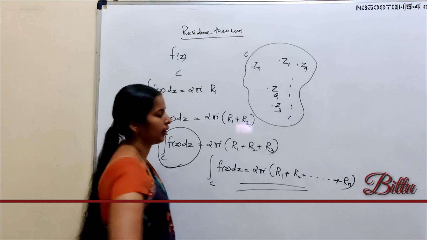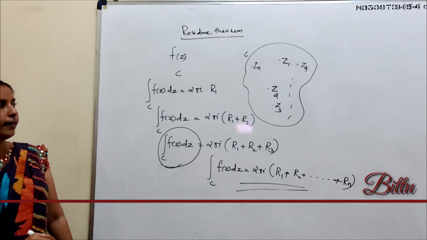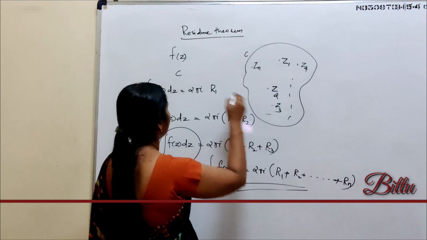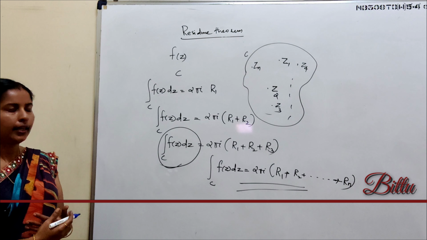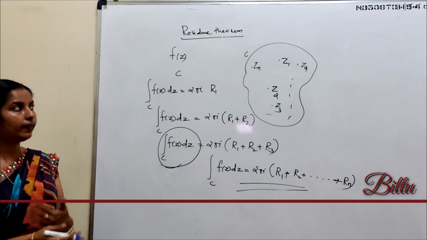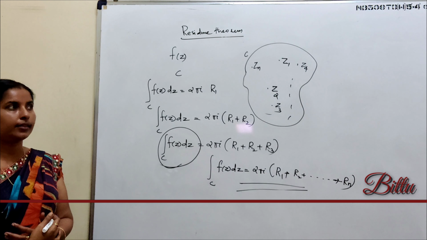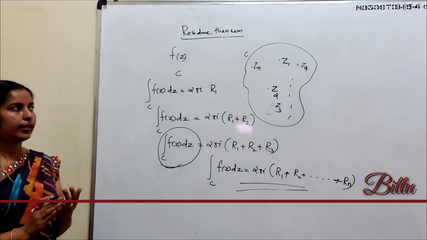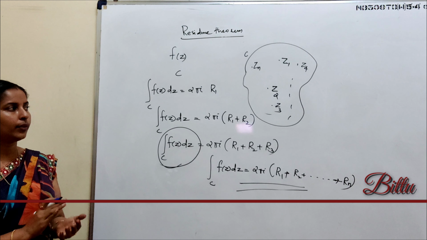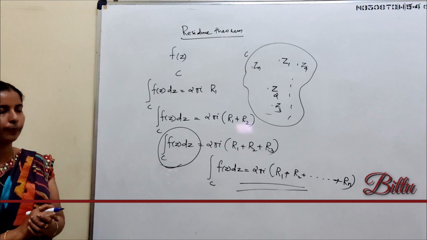This is the residue theorem. See, these are the singularities of f within C. That is, you can say f(z) is analytic within and on C except at z1, z2, etc., zn. That means f(z) has the singular points z1, z2, etc., zn which lie within C.